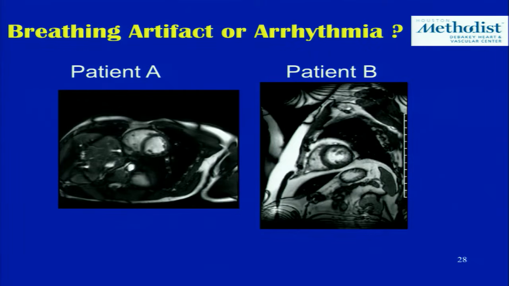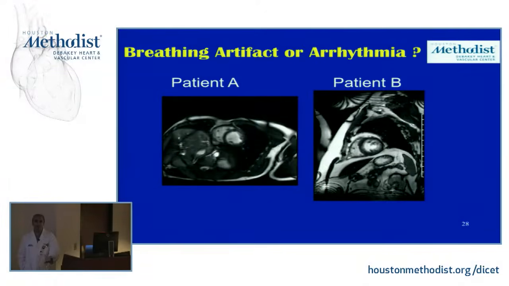If it's a problem with breathing, you either make sure the patient didn't fall asleep on you and wake them up, or try to shorten the time of the breath hold. So by looking at these images, can you tell me which one is a breathing problem and which one is an arrhythmia or gating problem?